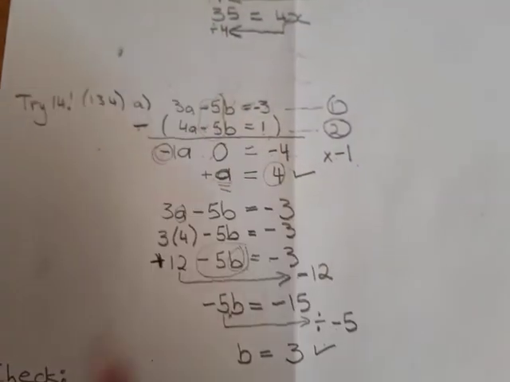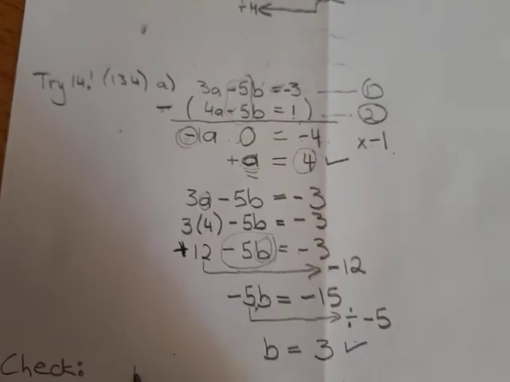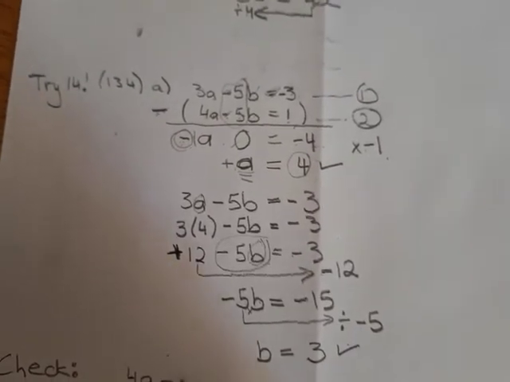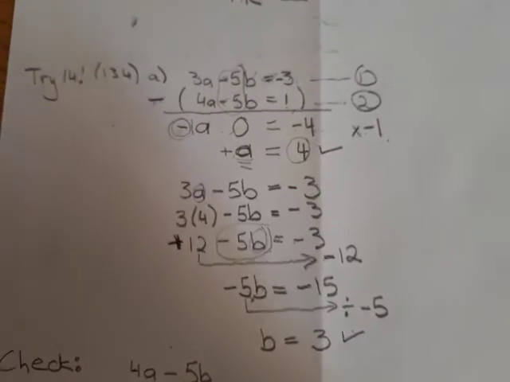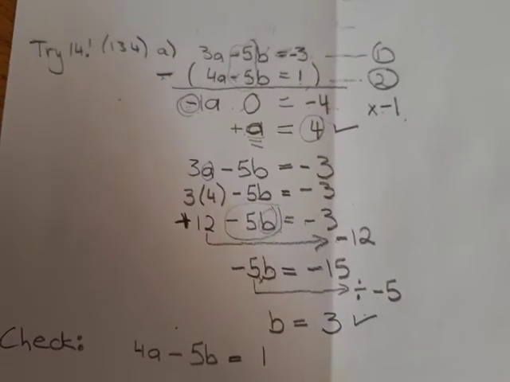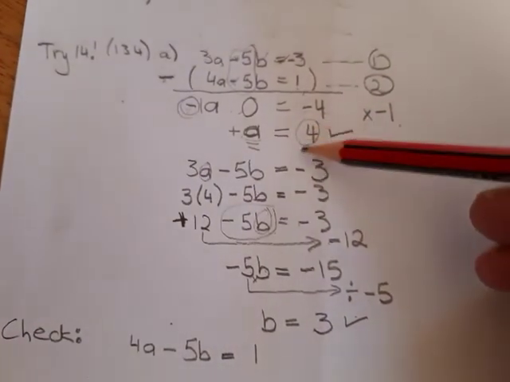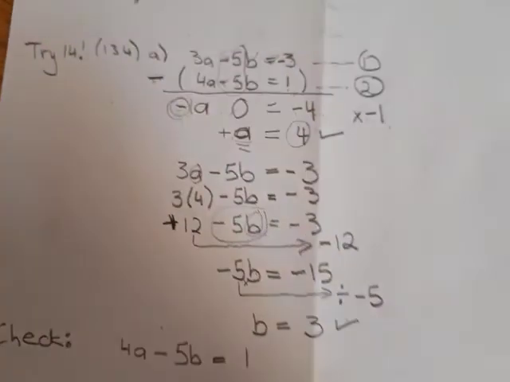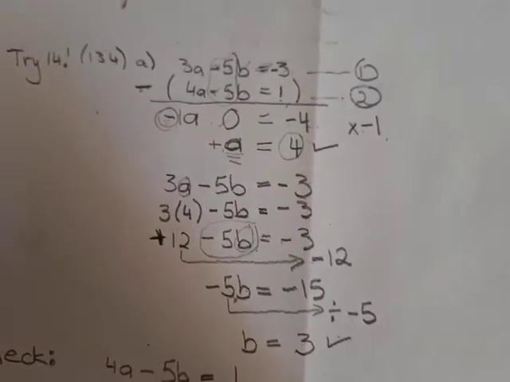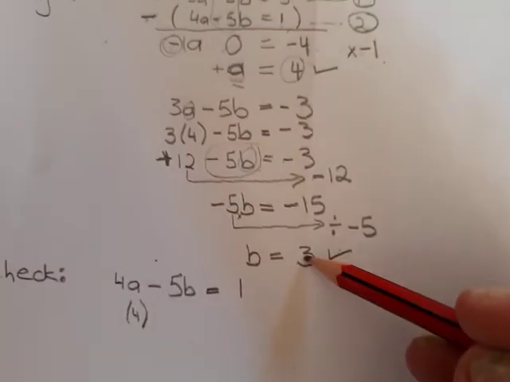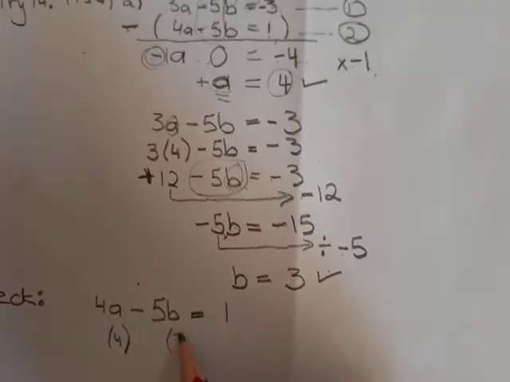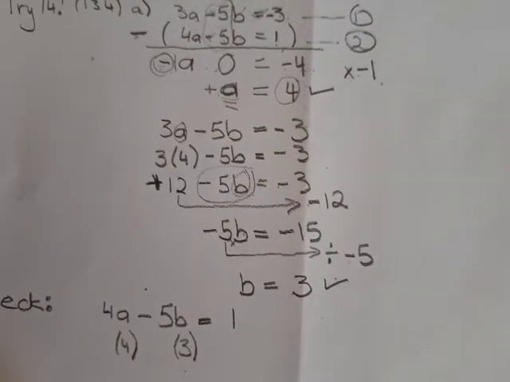So let's use the second one now, which is 4A minus 5B equals 1. I will substitute my A with 4, and I will substitute my B with 3.